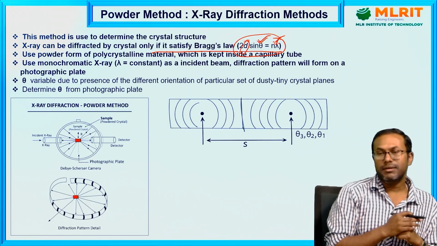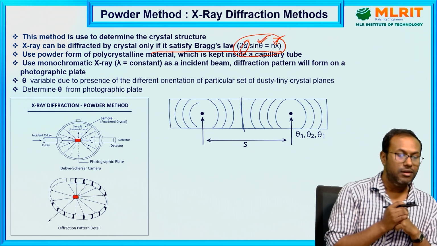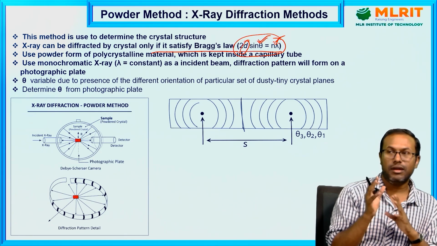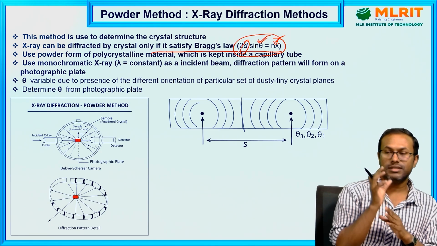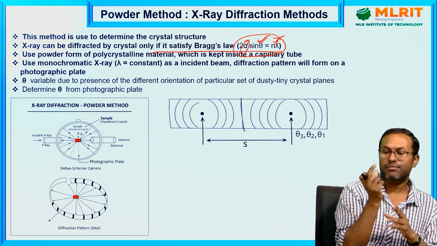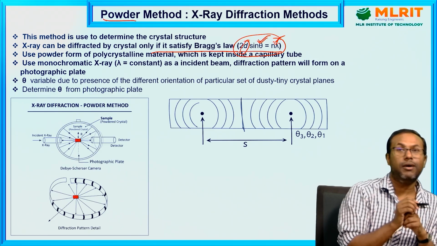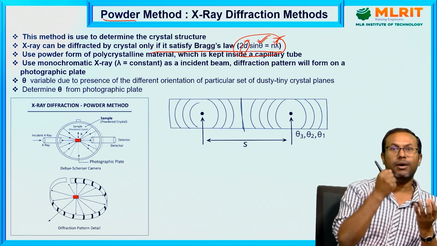In this powder method, what do we use actually? First of all, it's not exactly like Laue's method or the rotating crystal method. In those cases, we take a crystal of some shape, but in this case the name itself says it is the powder method. It means you first take a crystal and make a powder of it.